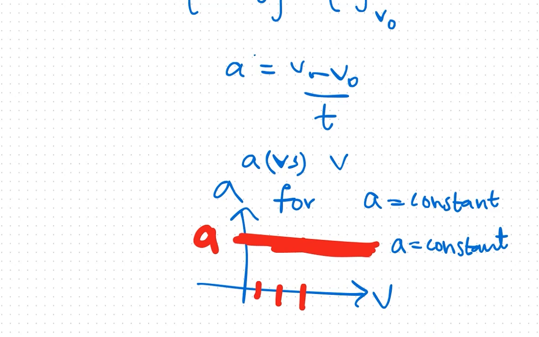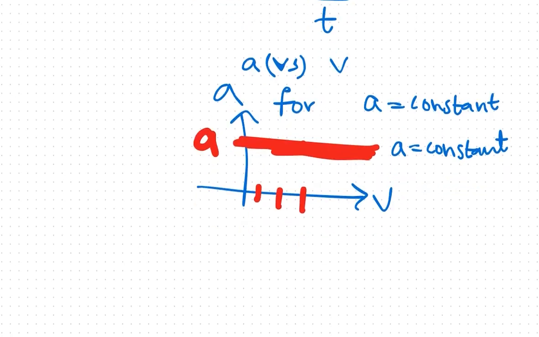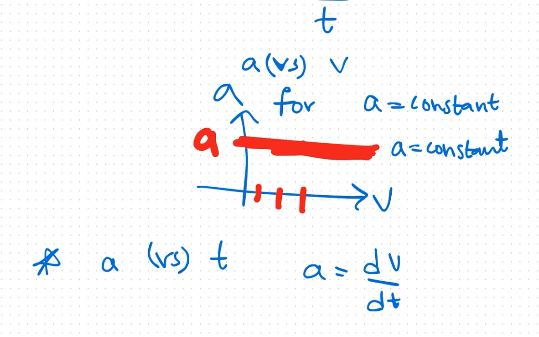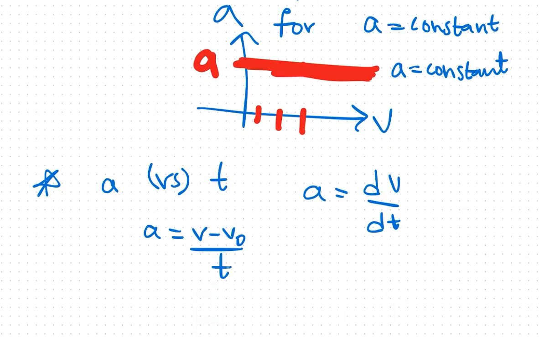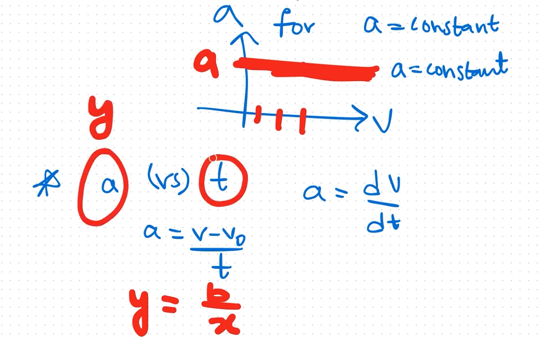If it was acceleration versus time, it would also be the same. Let's talk about acceleration versus time. So a is equal to dv by dt. If you are assuming constant acceleration, we just got the formula v minus v naught upon t. So y is equal to something upon x. This is y, this is x, right?